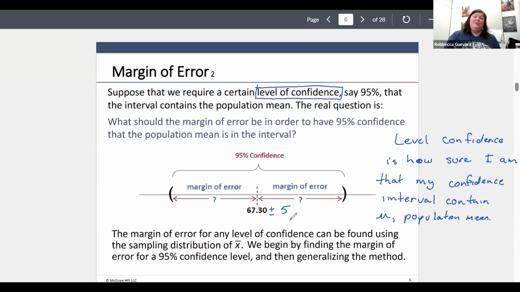So this would be a probability distribution of my sample means. We begin by finding the margin of error for a 95% confidence level, and then we generalize the method. So we're going to talk about finding one and then how we find others.